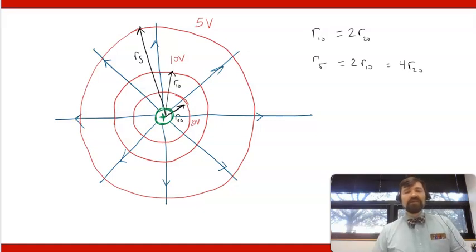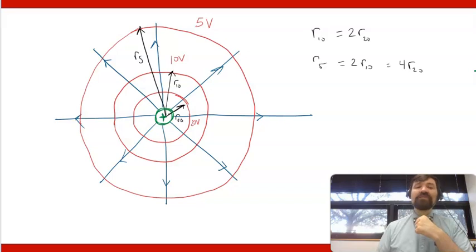And these are relative to infinitely far away. So if I had my other probe at ground, or at infinitely far away from my common probe, and my red one was here, I'd get 5 volts here, 10 volts here, 20 volts here. If I wanted 40 volts, I'd have to go half again the distance from this one to the center of the point charge.